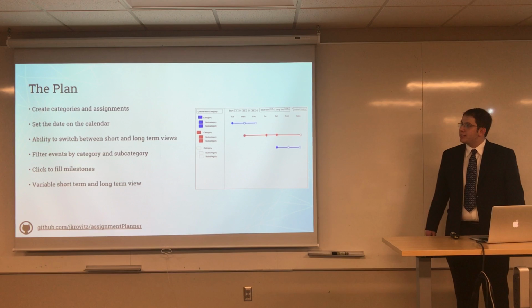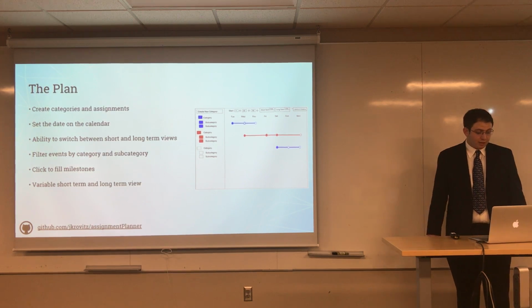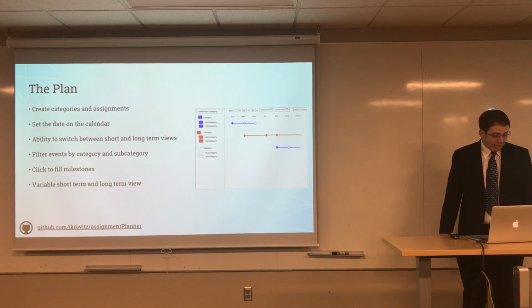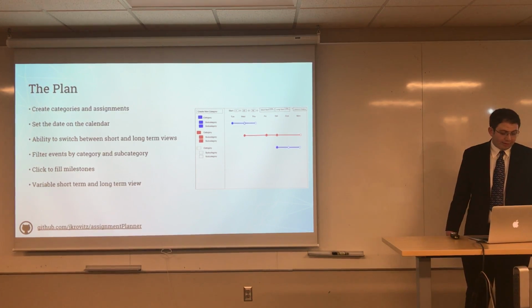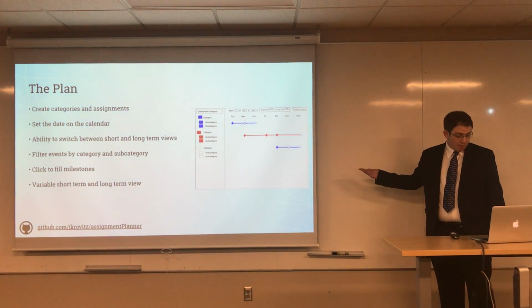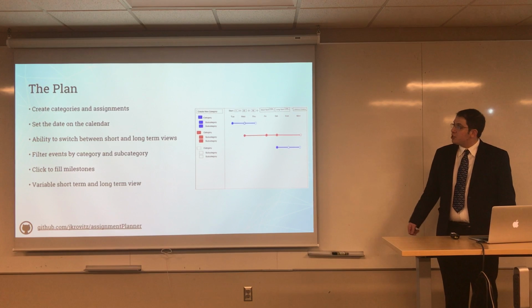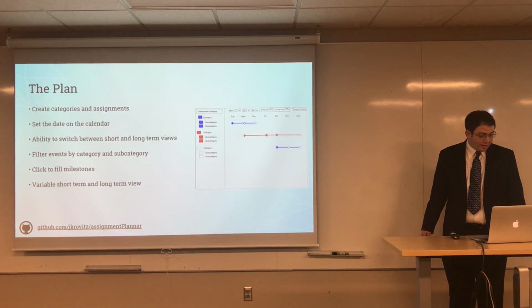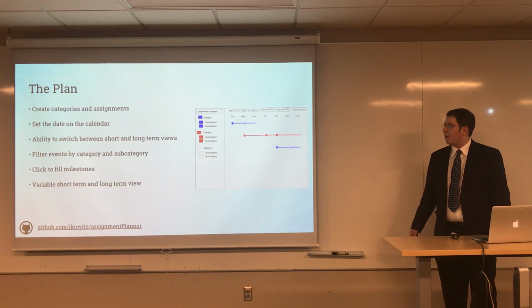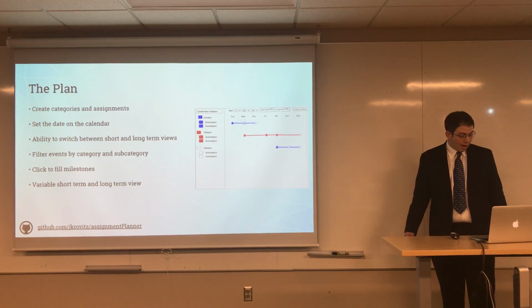The website was designed so that each user will be able to create an account. Each user will have a timeline as represented in this mock-up sketch of my website. A user should be able to create categories, assignments, and be able to designate assignments as part of a particular category.